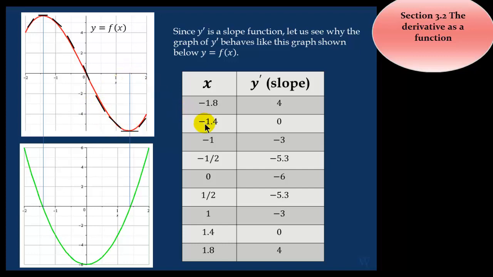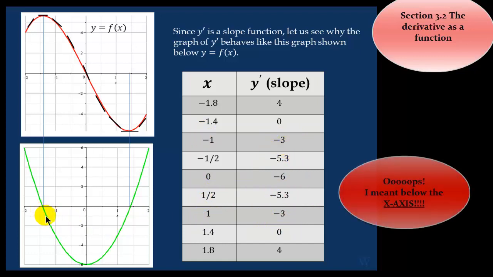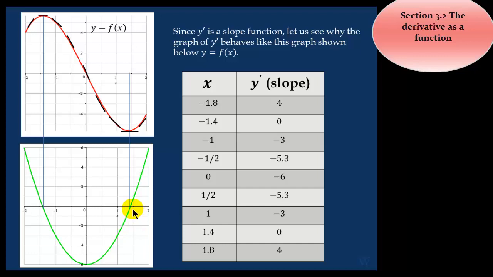So from negative 1.4 all the way to 1.4, the slopes are negative, which shows here that the curve of the derivative function is below the x-axis because they're all negative slopes. And once again, it changes. It becomes positive, so the graph of the derivative function would cross the x-axis, because from negative to positive it will have to hit a 0, and that occurs when the slope is 0.